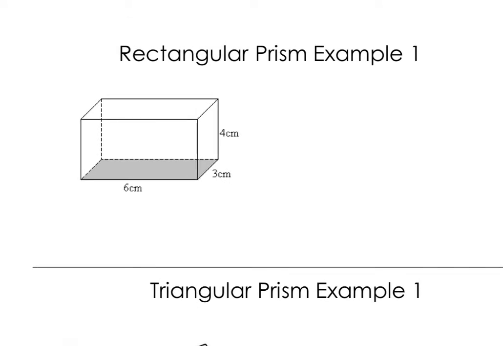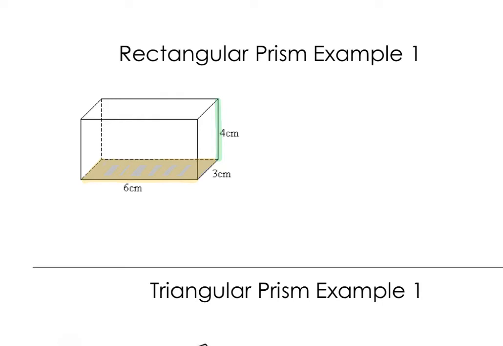Okay, here's a basic example. It's a rectangular prism, so we have our base. Remember, base does not always mean bottom, but with a rectangular prism, you can highlight the bottom since every side is a rectangle in a rectangular prism. And the height is how high stacked the rectangles are, and that would be that measurement right there.